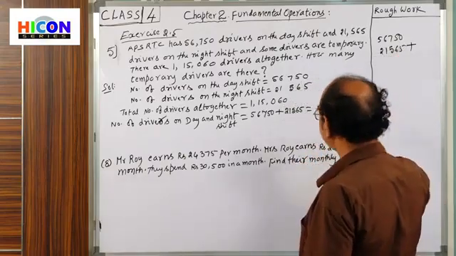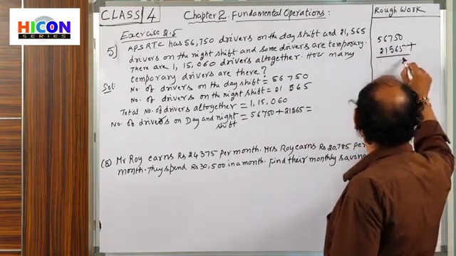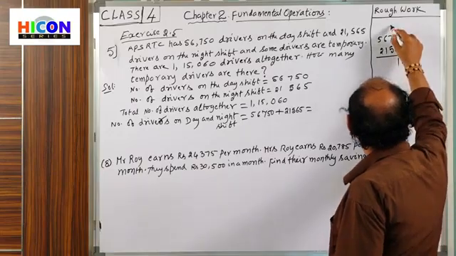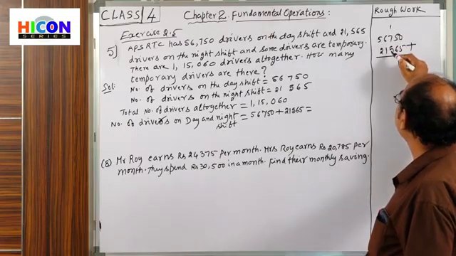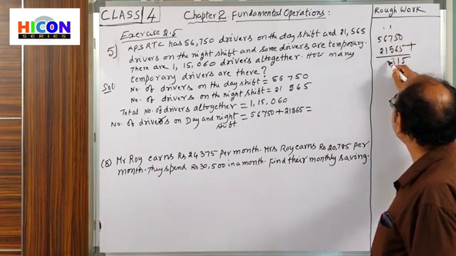Add. 0 plus 5, 5. 5 plus 6, 11. So write 1 here. 1 is to be carried here. 7 plus 1, 8. 8 plus 5, 13. Write 3 here. 1 carried. 6 plus 1, 7. 7 plus 1, 8. 5 plus 2, 7.